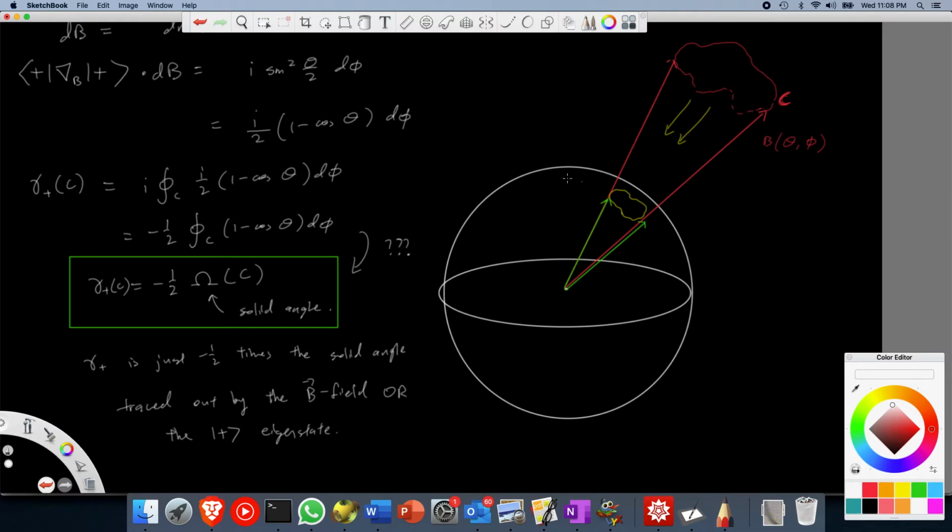And this is once again the magic of the Bloch sphere, because the Bloch sphere gives us a very nice geometrical picture of how the Berry phase behaves.